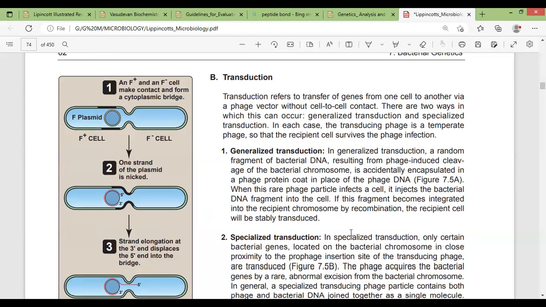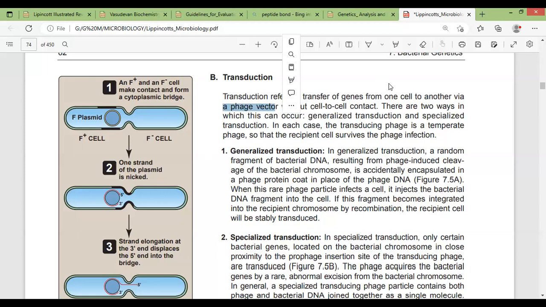I don't know what term you kids use these days. So you can say in conjugation, the sex pilus was the man behind the curtain. But in transduction, the man behind the curtain is this thing we call a phage vector.